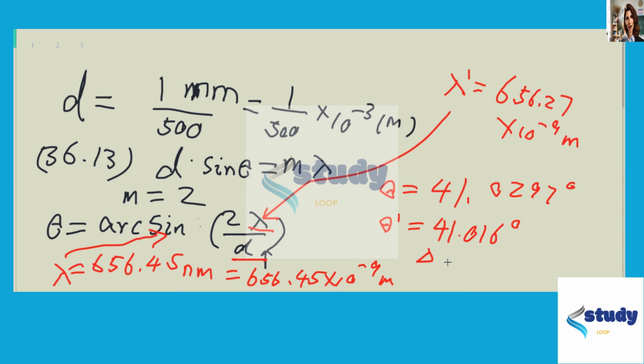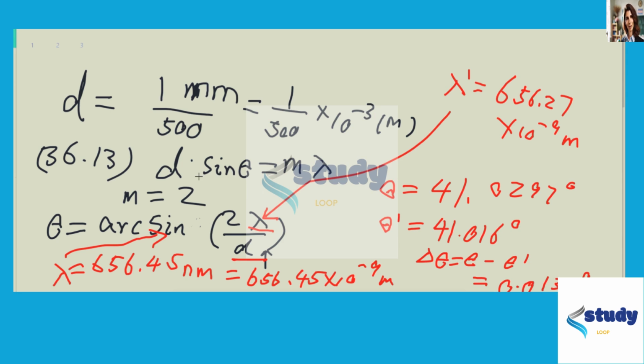So the angular difference, delta theta, equals theta minus theta prime, which equals 0.137 degrees.